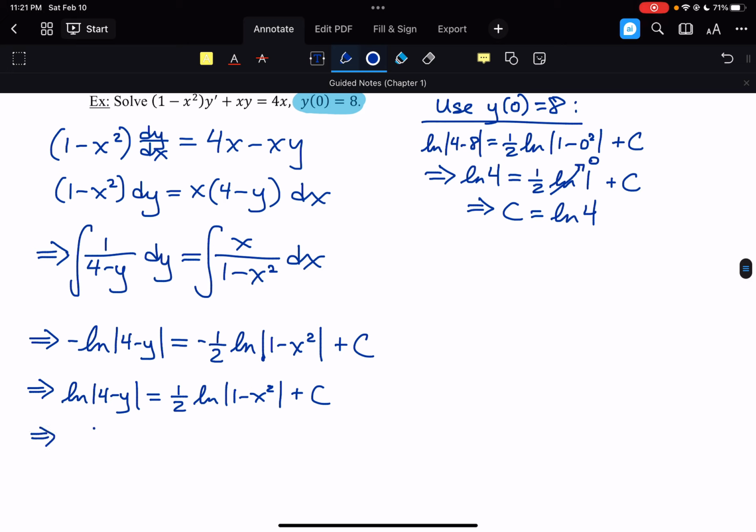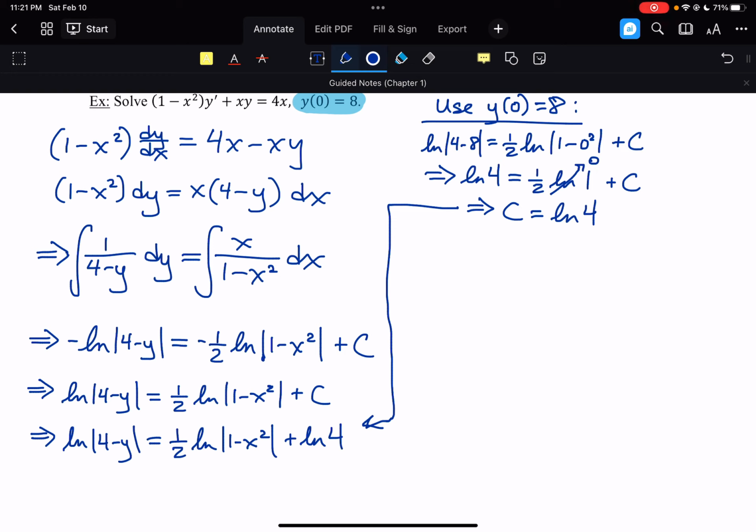So we can go ahead and incorporate that into here. So in this next step, ln of absolute value of 4 minus y is 1/2 ln absolute value 1 minus x squared plus ln of 4.